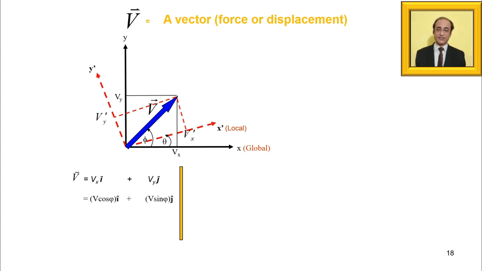This is our definition of the positive theta. So accordingly all other components might change if theta is the other way. Now we can write the same equations for the local coordinate system also. So let's do that. So vector is same, just that coordinate system has changed. So we say that with respect to the local coordinate system we have Vx dash and Vy dash.